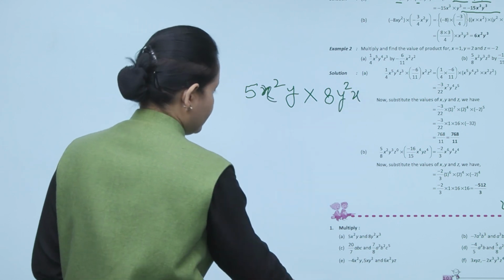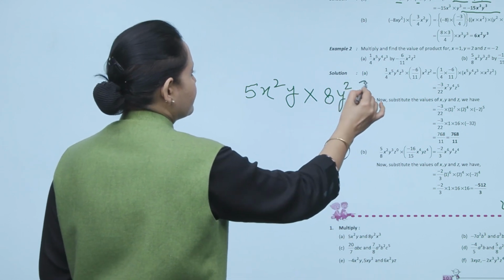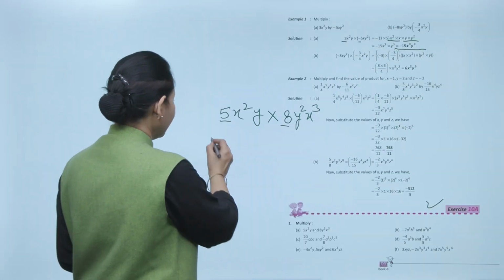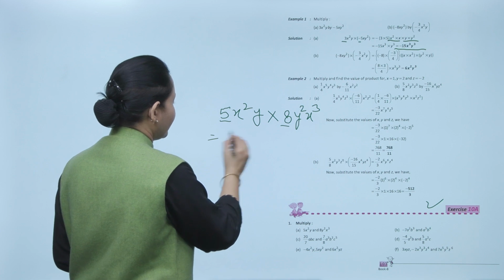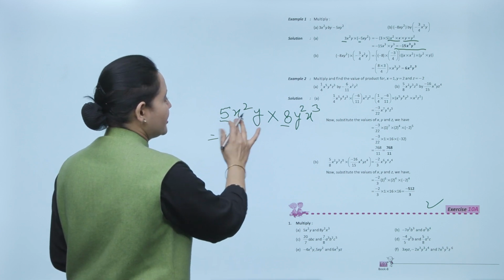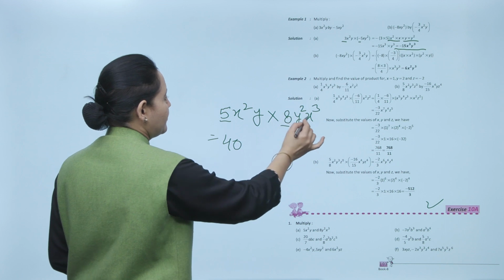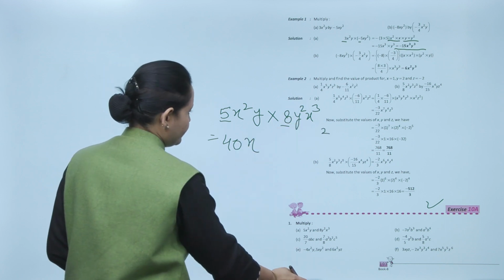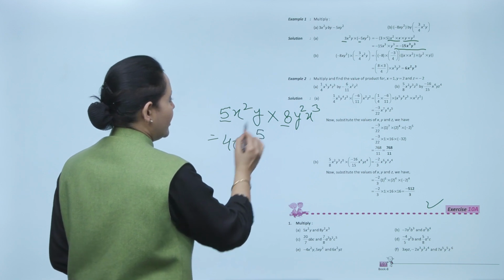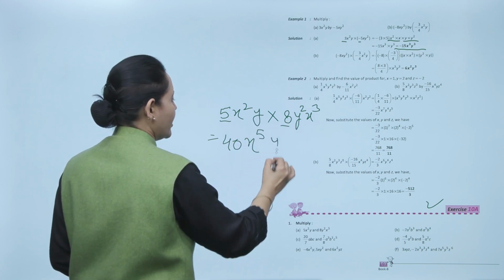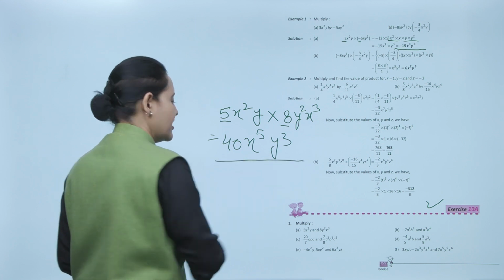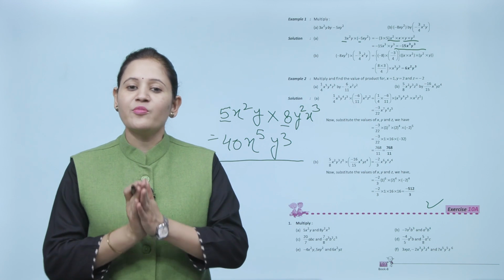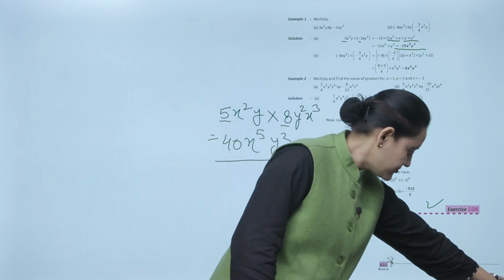First we multiply the constants, 5 into 8, that is 40. x square multiplied by x cube will be x to the power 5, and y square y, y cube. So this is the answer. Clear. You have to practice all the questions of this exercise. We will move to the next topic.